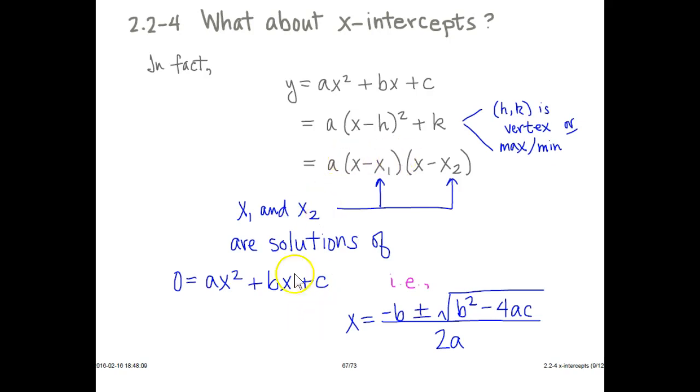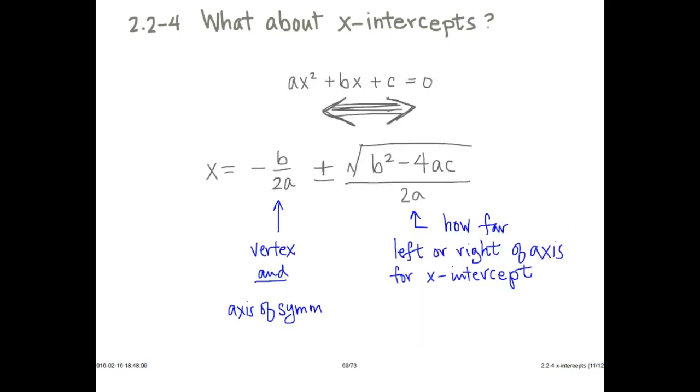Oh, look. Solutions of this quadratic equation: it's the quadratic formula, which we all need to know by heart. Okay. So, we know that this looks like most of the general form of the quadratic function, except it has a 0 here, so it's an equation rather than a function.